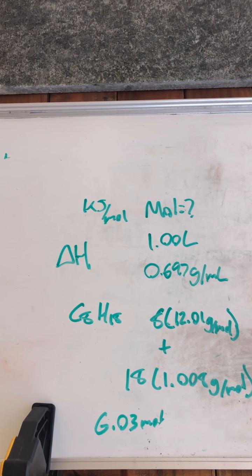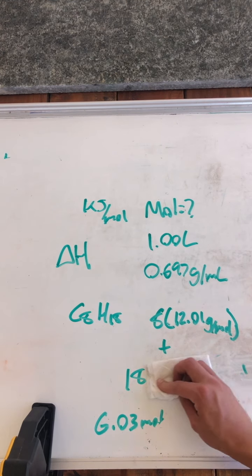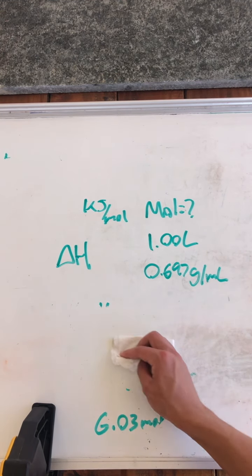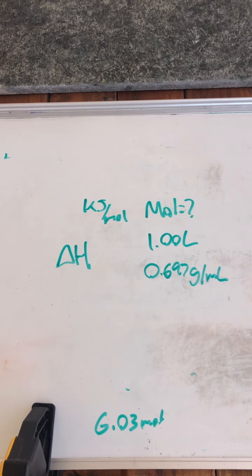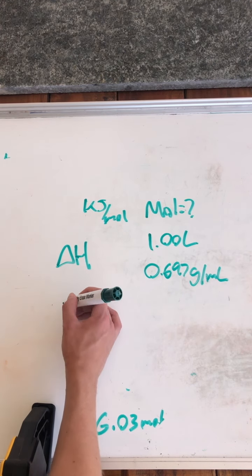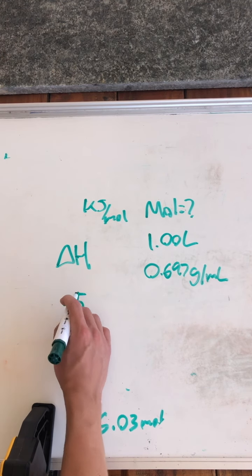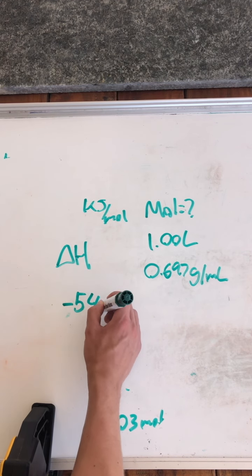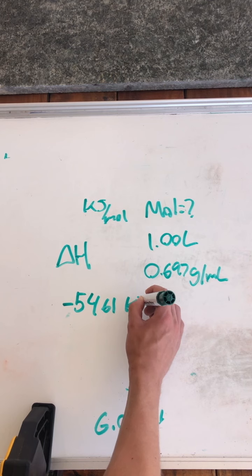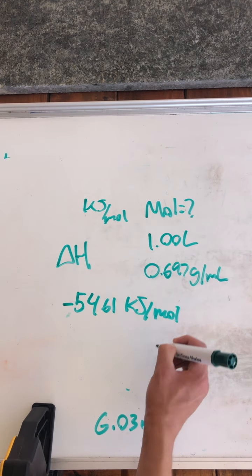All right, so we have the amount of moles. Now, last thing is to figure out how many kilojoules we get per our moles here. And for that, we need the enthalpy of combustion. So if we look over at our chart again on page 490, we see that we get a release, because negative, of 5,461 kilojoules per mole.